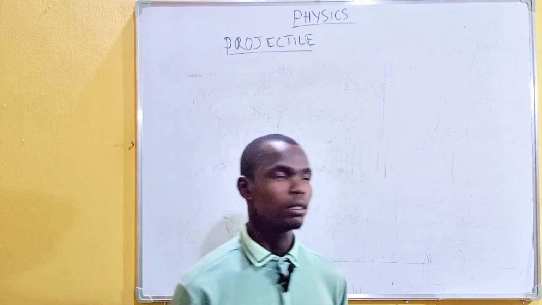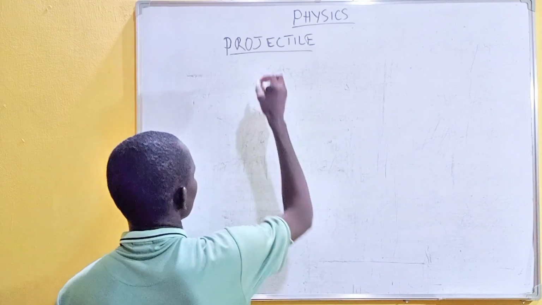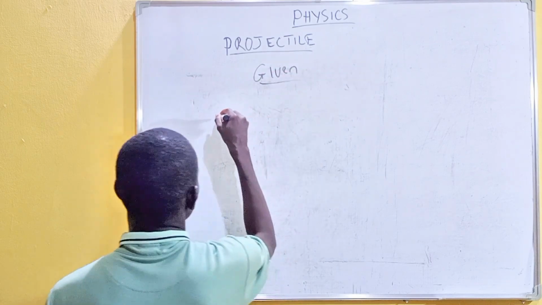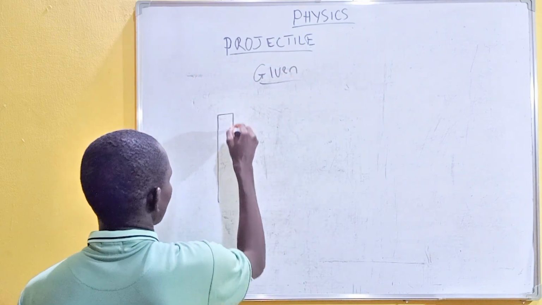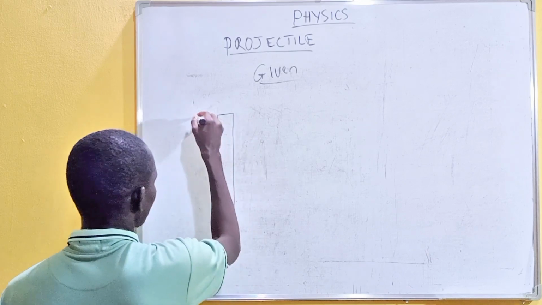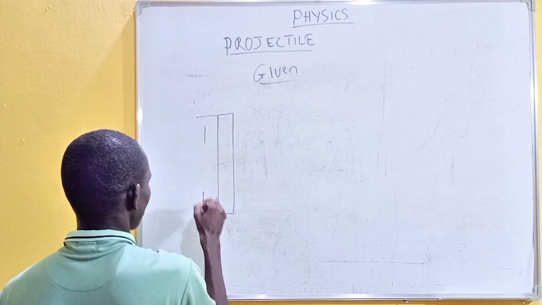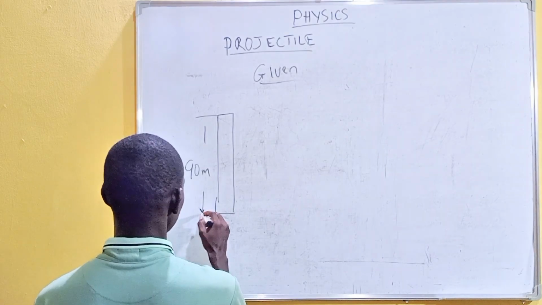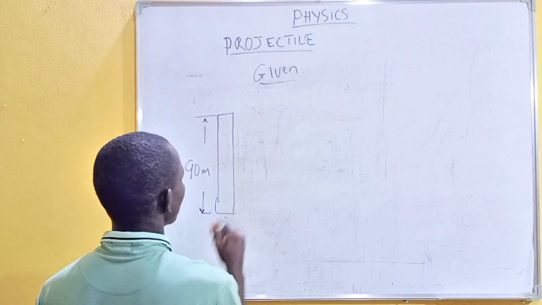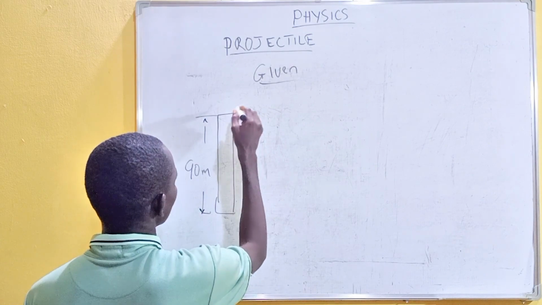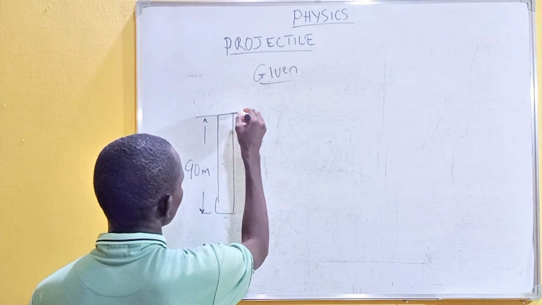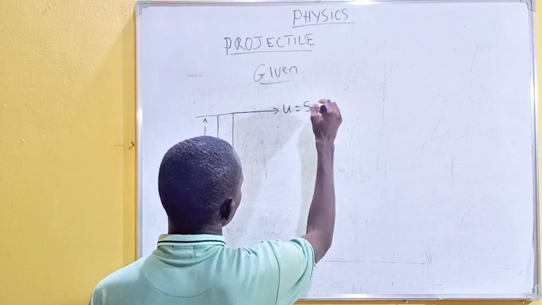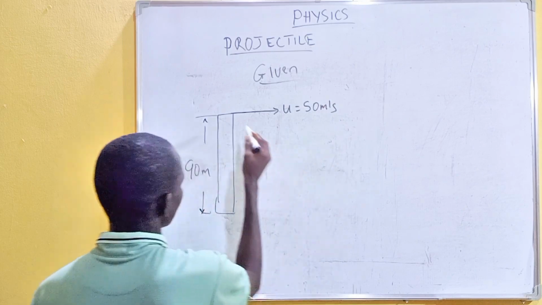So let's bring out the given. Let's say here the height of the cliff, which is 90 meters, and a cannonball is fired with horizontal velocity u equal to 50 meters per second.